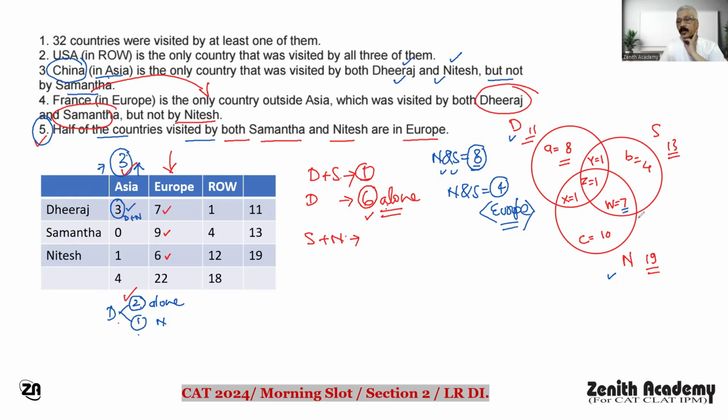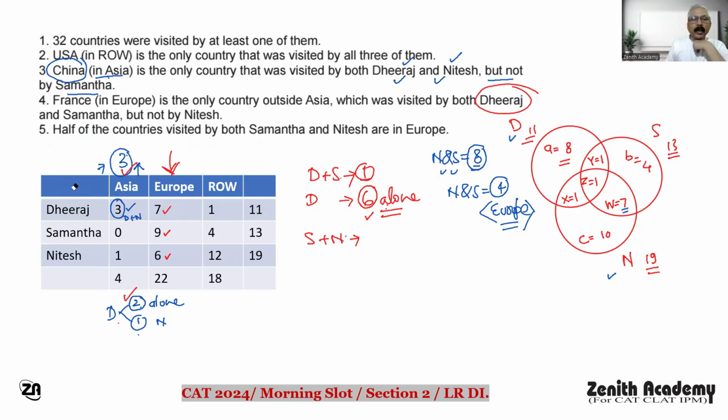Dheeraj is not with them. So the total number of countries where Nitesh and Samantha visited is seven. But here it is a matter of Europe. So see this point number five. Point number five is that half of the countries visited by both Samantha and Nitesh are in Europe. So the total number of countries visited by them is eight, half is four, so four in Europe.